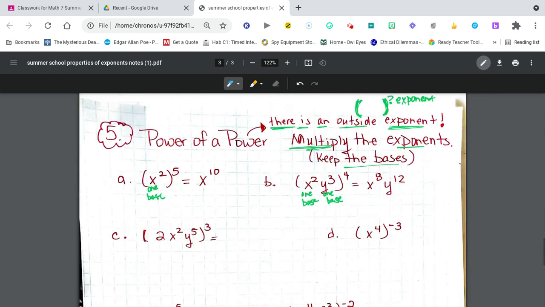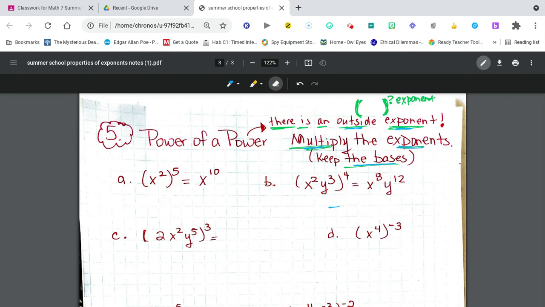Let's go back to this one. So when there's an outside exponent, I need you to multiply the exponents and keep the bases. Again, I said there will already just be one base. Like here's just 1x. Here's 1y. You won't have multiple bases where you have to add or subtract to try to make one of them.